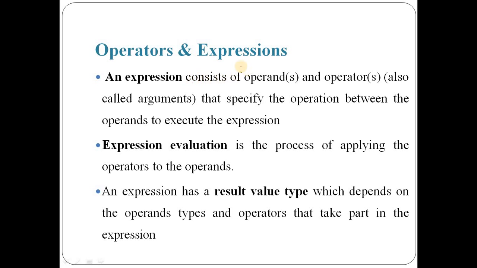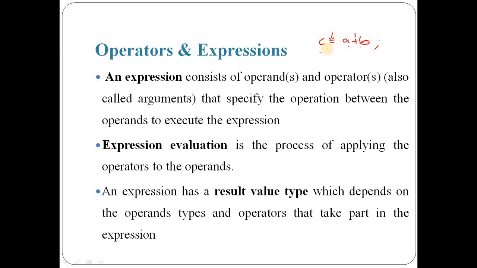Suppose I have three integer variables A, B, C, and I write C = A + B. Then A, B and C are operands, and the plus and the equal to are the operators.